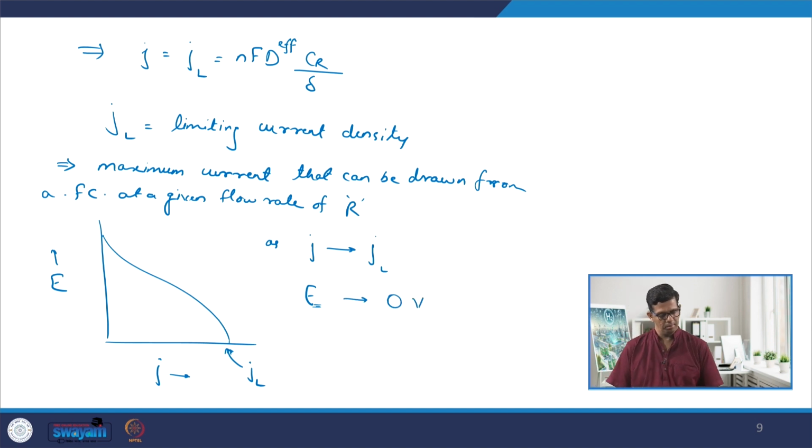And why is this happening? Because as and when we draw more and more current from the fuel cell, we are basically converting hydrogen into protons and respective electrons, and they are quickly consumed at the catalyst layer. So, there is no hydrogen left for the further conversion into protons and electrons, and that is why the potential drops drastically, and that is what happens when the current is almost reaching the limiting current density.